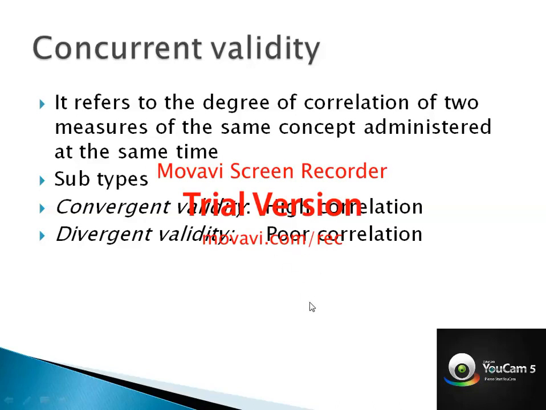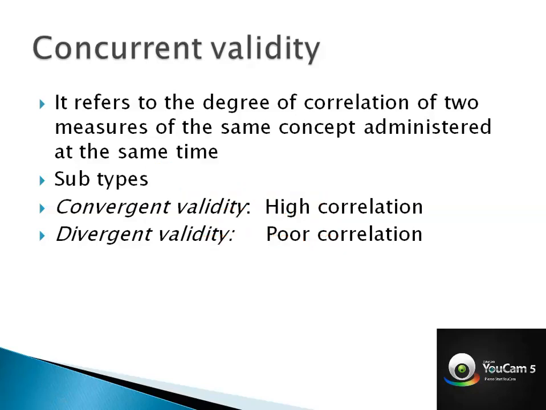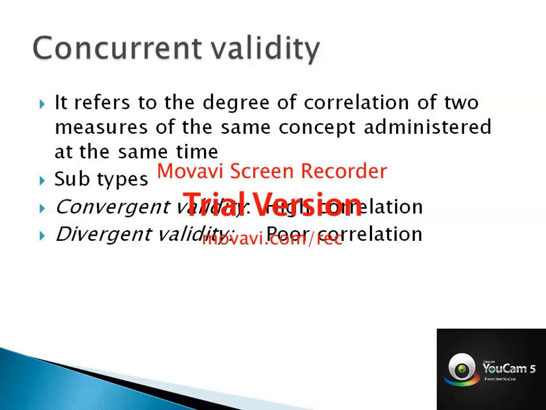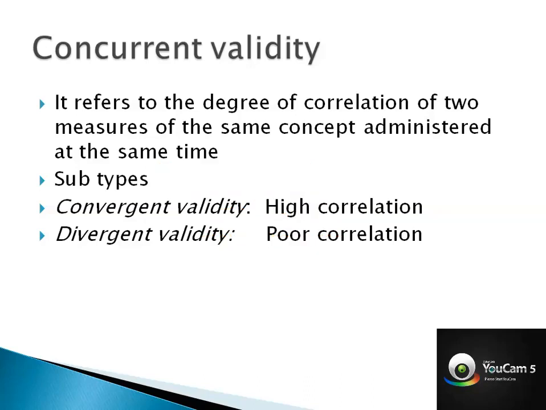Concurrent validity is when the criteria and the research concept are measured at the same time. When it gives a high relationship, we say it is convergent. When it gives a poor relation between the criteria and the concept, we say it is divergent validity.